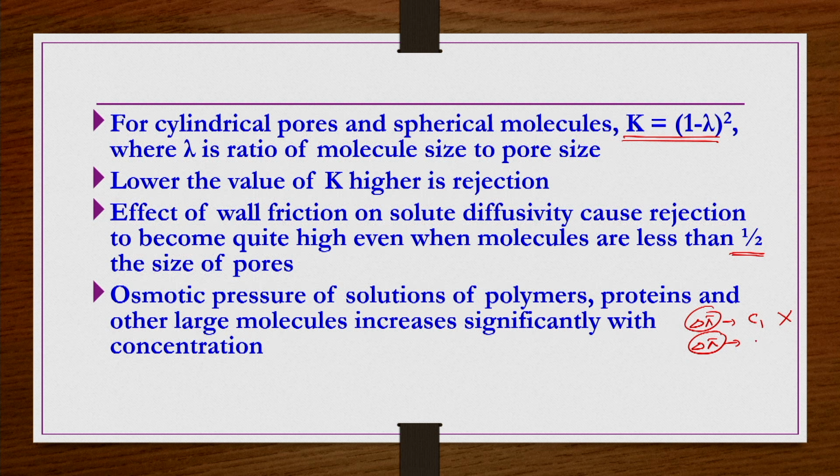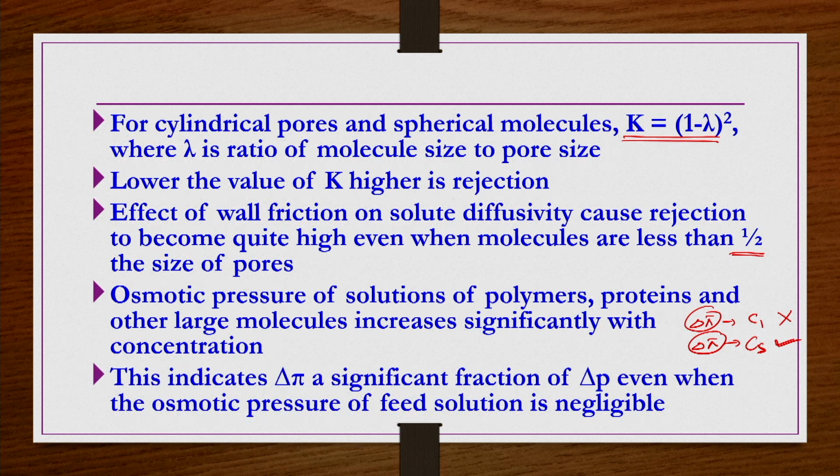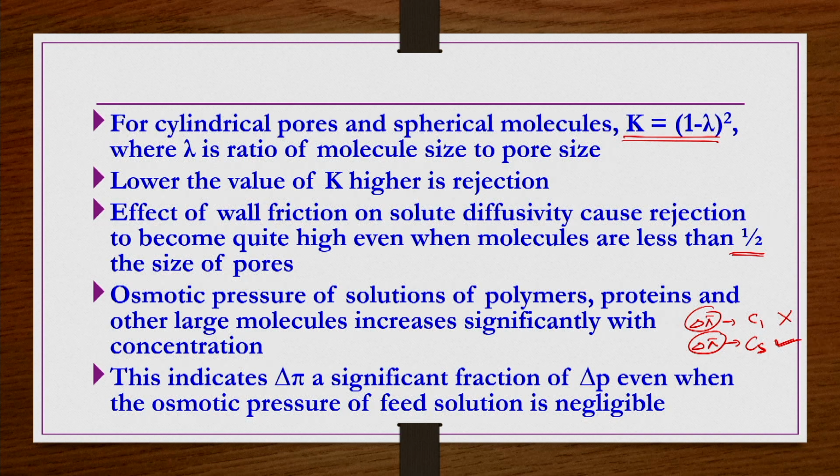At the surface the concentration CS is much higher than C1, so the osmotic pressure using this CS is the correct one, okay. This indicates that delta pi, a significant fraction of delta P, should be considered even when the osmotic pressure of the feed solution is negligible.